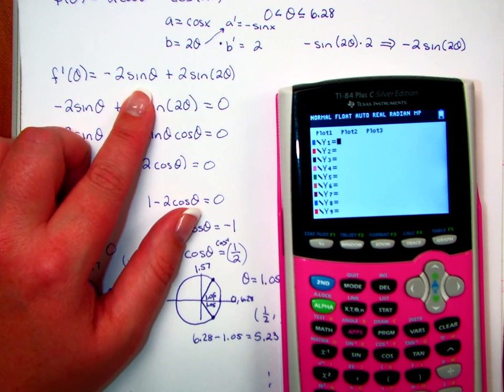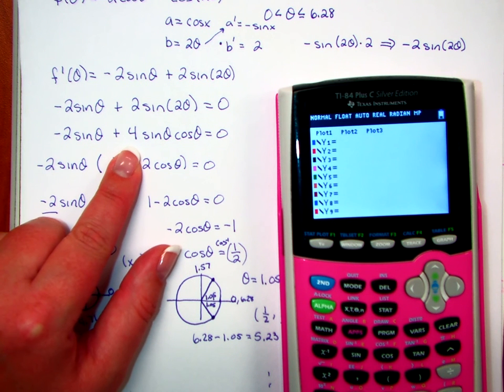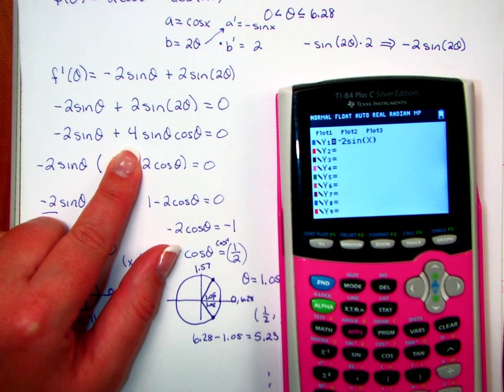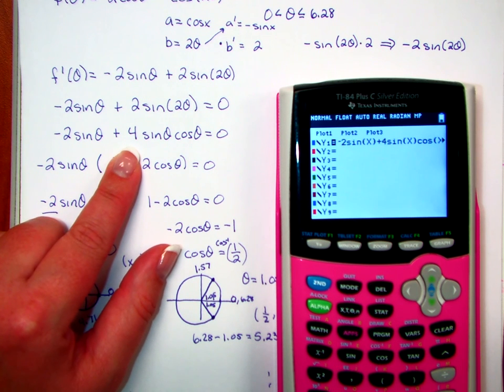Maybe I'll go back up to the beginning here. No, let's do this one. I'm going to do negative 2 sine x plus 4 sine x cos x.